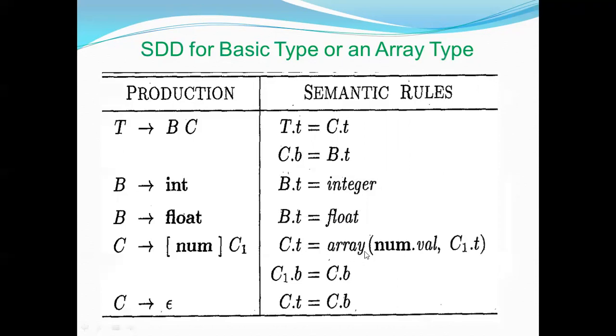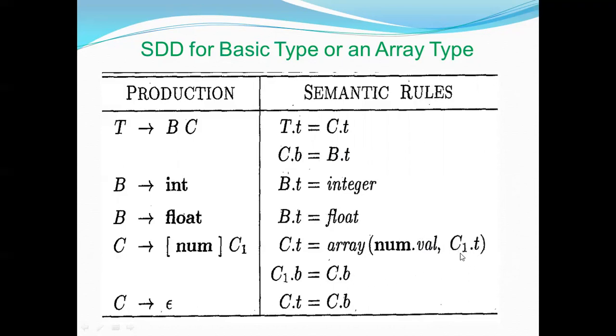You say that it is an array whose size is of integer; what is the data type of this? The data type you get from the inherited value. So to get this inherited value, we write C1.b is equal to C.b. This C.b, you got from the B.t, so in turn it becomes the inherited value. Then once it gets its epsilon, it becomes the synthesized value.